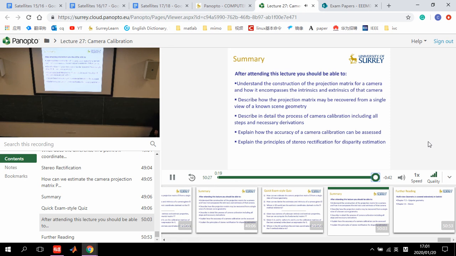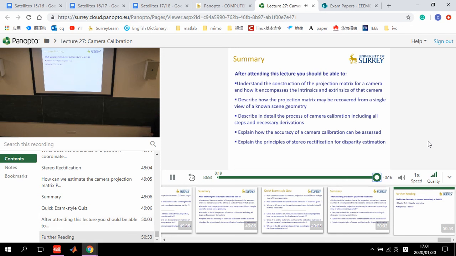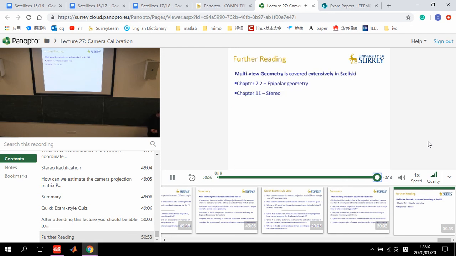We've also talked about how we can estimate the accuracy of a camera calibration by calculating the reprojection error, basically by recomposing that pi from its constituent parts and applying it as the projection from 3D to see if the 2D points match up with what's in the image. And finally, we briefly talked about canonical viewpoints and why people do stereo rectification. There's further information in the Szeliski book on this.